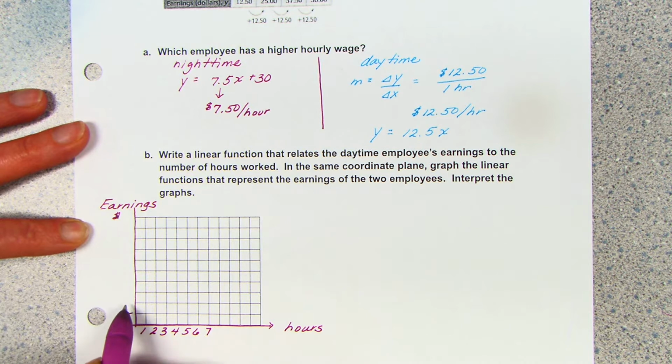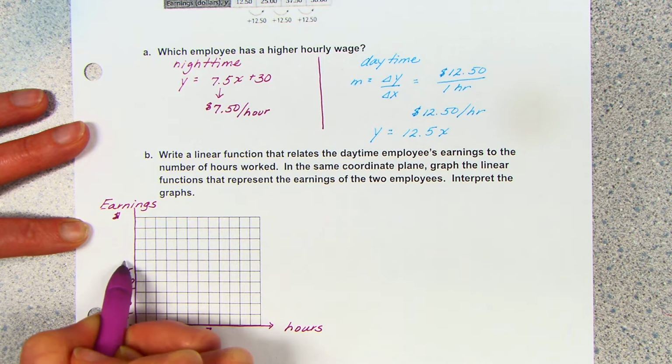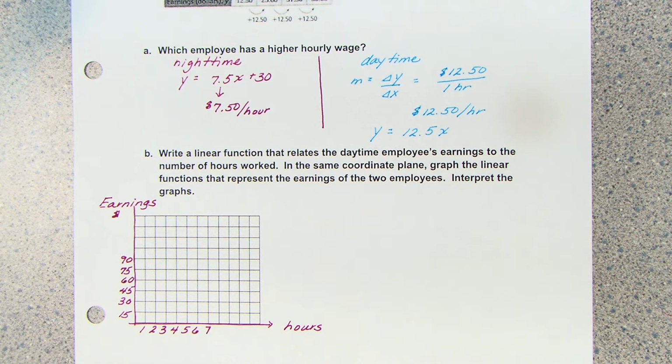You just have to do kind of a little guess and check to figure that out. I used the book to give me a nice scale. All right, I think that'll go far enough.